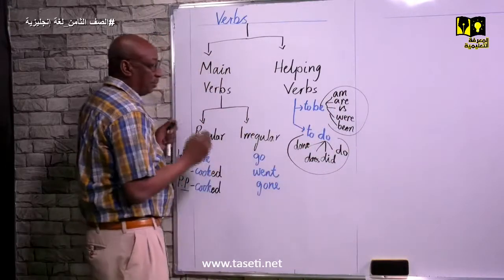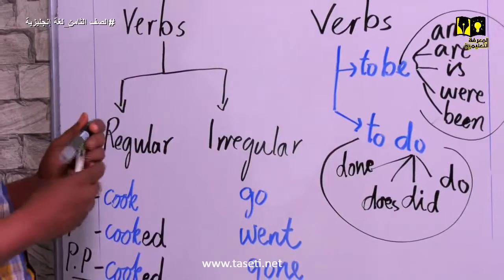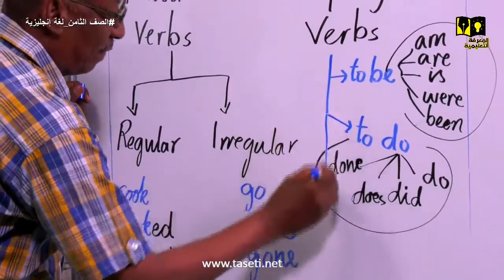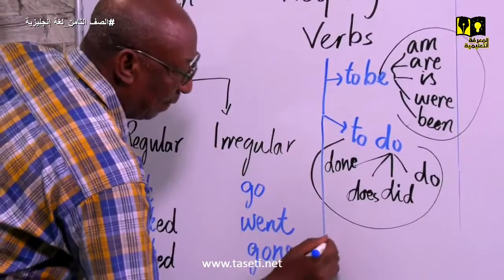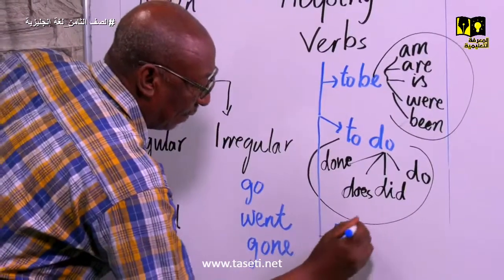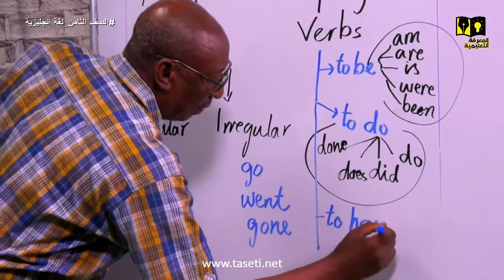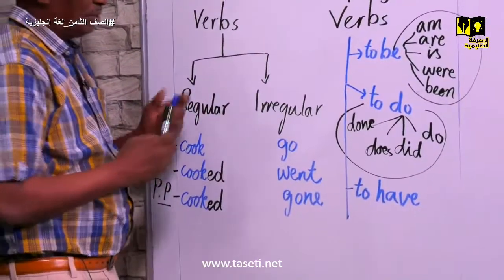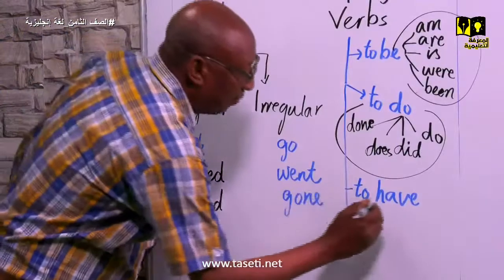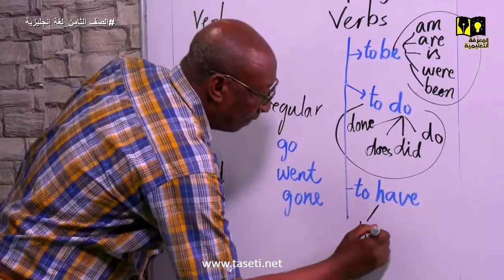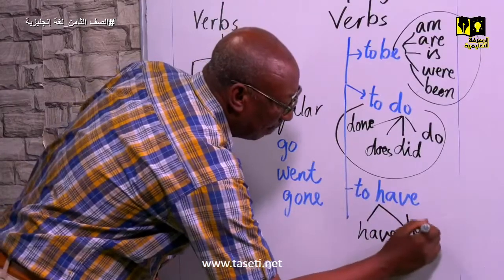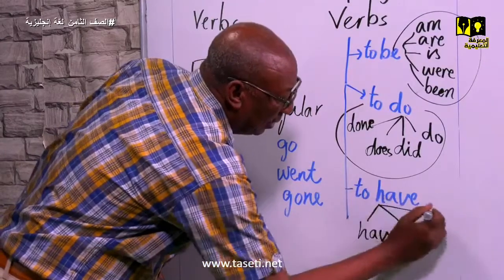And the verb to have, which is composed of have, has, and had.